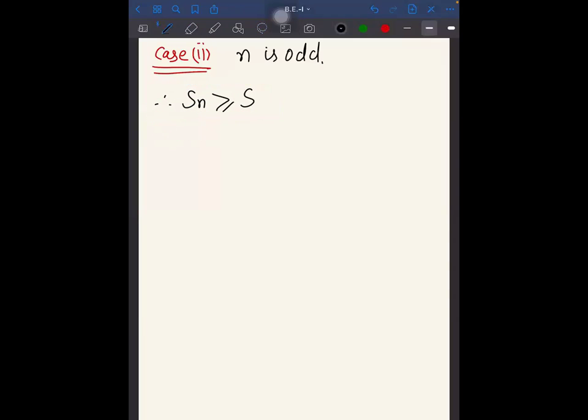Okay. So, and if your n is odd, then n plus 1 is what? Is even. Okay. And in that case, your Sn plus 1 will be less than or equal to S. Right? Why? Again, I'm using by star and double star.